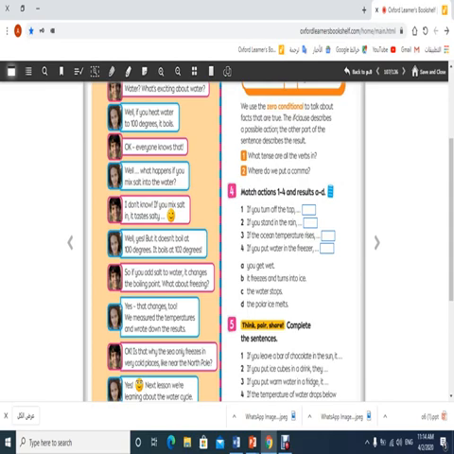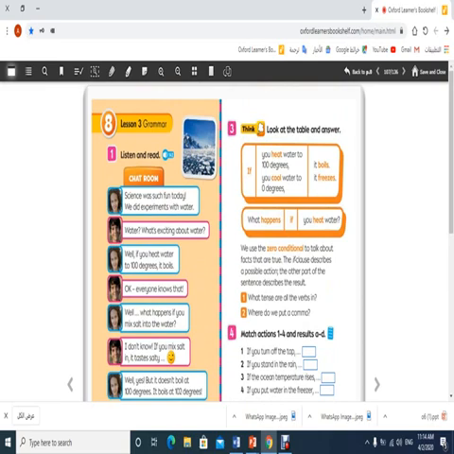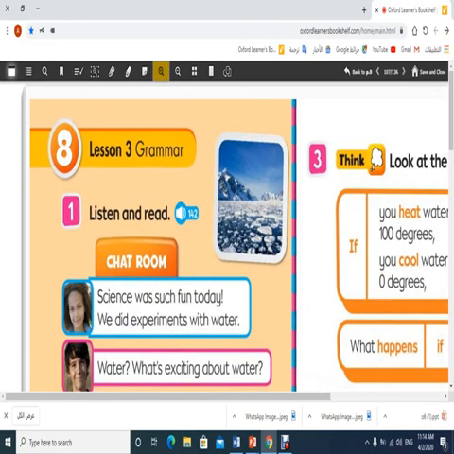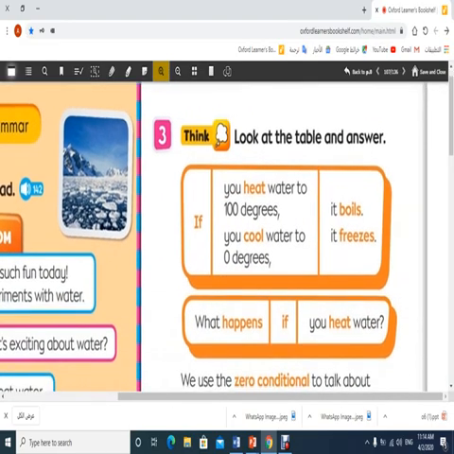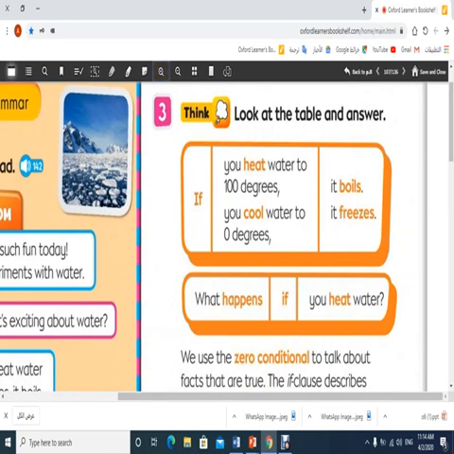طيب تعال ندور مرة ثانية. If ممتازين. What happens if you mix salt into water? واحدة ثالثة if you mix salt in it tastes salty. يبقى قاعدتنا اليوم هي قاعدة if. طيب كيف نسويها وكيف نقدر نستخدمها في الأمثلة اللي جاية؟ لو نظرنا كده في كتاب يا أولاد, if you heat water to 100 degrees it boils.